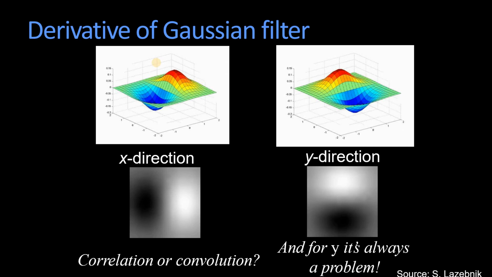It's a circular white spot which is slowly fading when you go out from the center. Whereas the image of the derivative of Gaussian is this thing, black spot and white spot. This is x direction, and in y direction black spot comes below and then bright spot comes up. Clear?